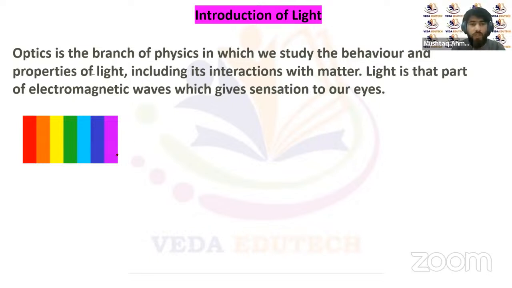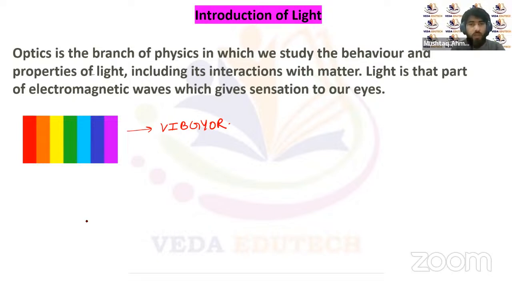And we know that in this visible region, there are seven different wavelengths, or seven different colors, that we call VIBGYOR. V stands for violet, then indigo, blue, green, yellow, orange, and red. So this is the visible region of the electromagnetic spectrum.